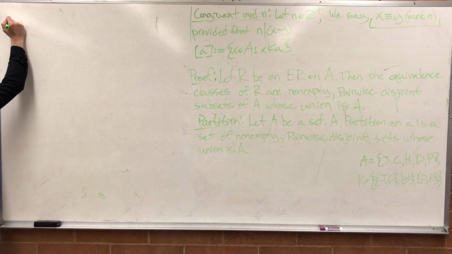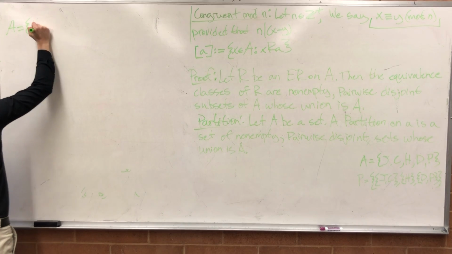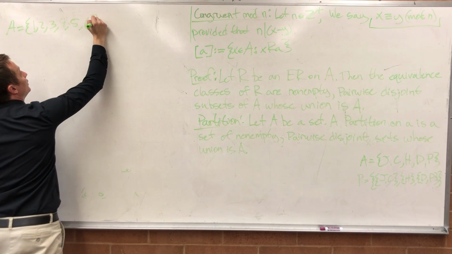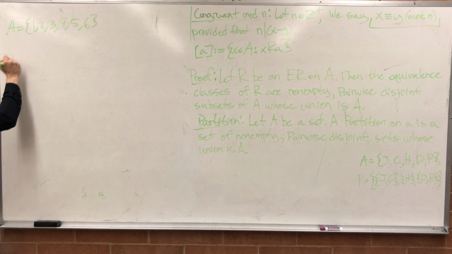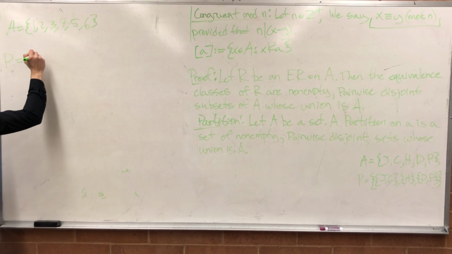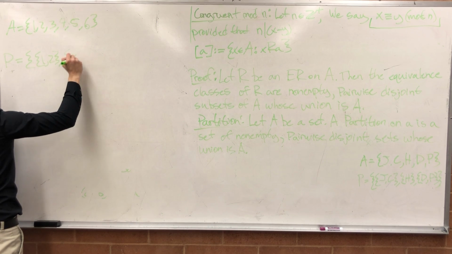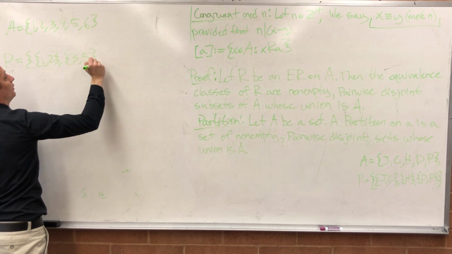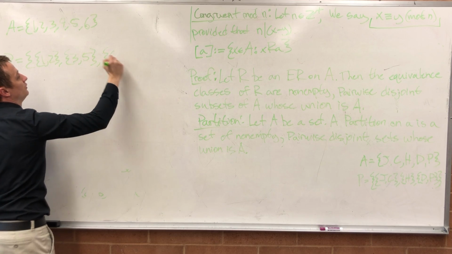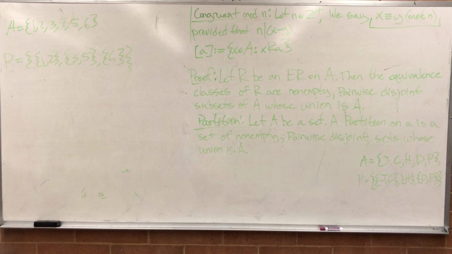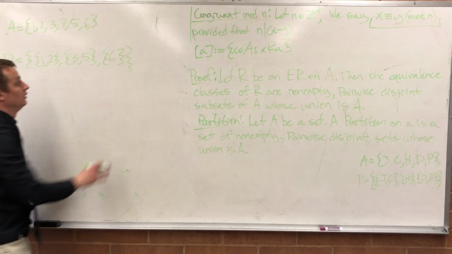So we'll do A is equal to the set 1, 2, 3, 4, 5, 6. All right. Let's do P is equal to the set, let's see, we have 1, 2, comma, 3, 5, comma, 6. Is this a partition on A? No, why not? It doesn't contain 4. 4 doesn't show up in there anyway.